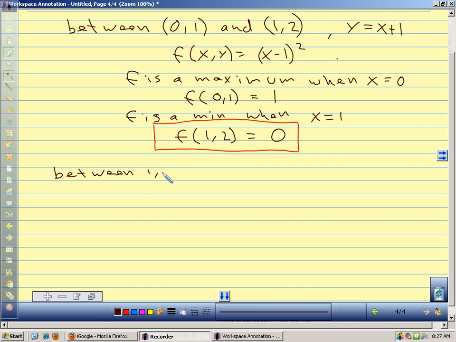So between the point (1, 2) and (2, 0), the equation for that line is y equals minus 2x plus 4.